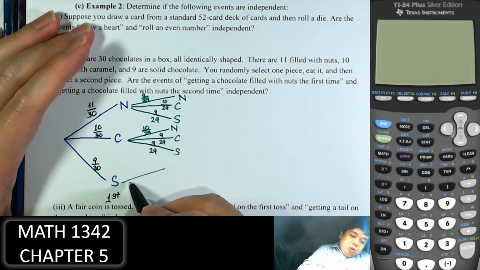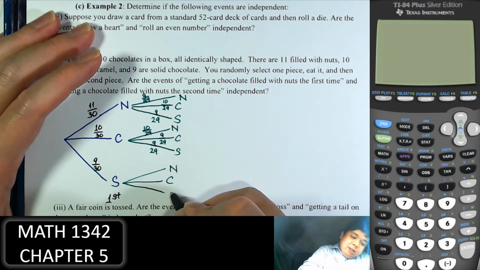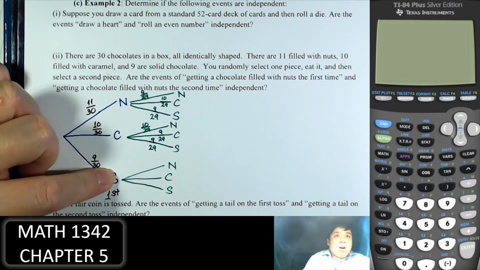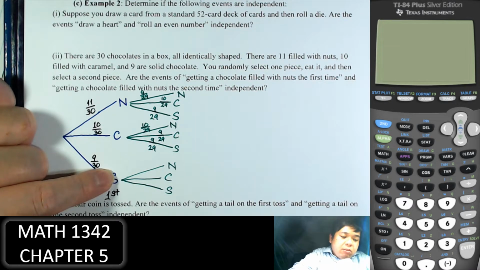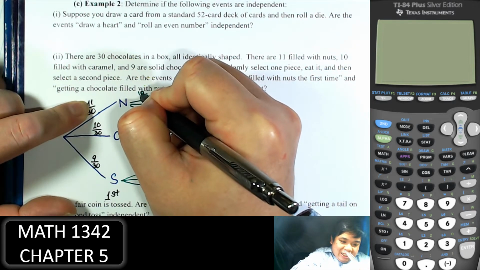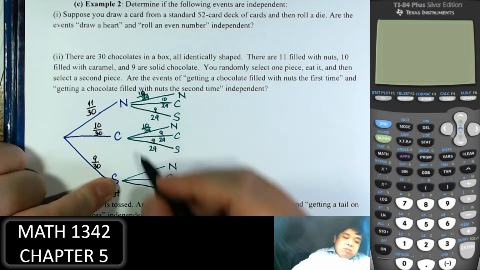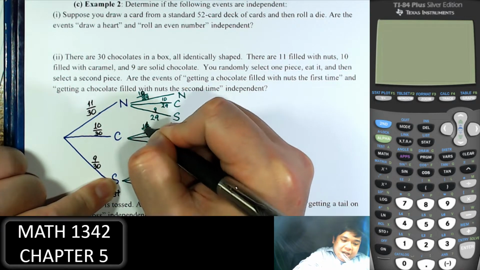Right? So three different scenarios. Again, if the first one is solid, we still have... sorry, if that is 11, there will be 10 left. If we select the first one, there are still 11 nuts.